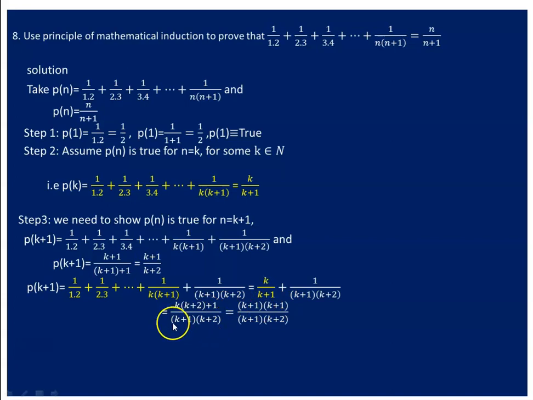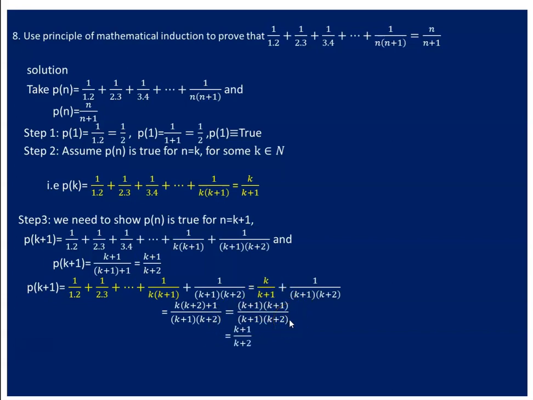Then here in the denominator, you do have (k plus 1) times (k plus 2). So is there an expression to be cancelled here? Yes. k plus 1 can be cancelled by k plus 1. Since k is different from minus 1, we are able to cancel, no problem at all. So we can cancel k plus 1 by k plus 1, then (k plus 1) over (k plus 2) comes.